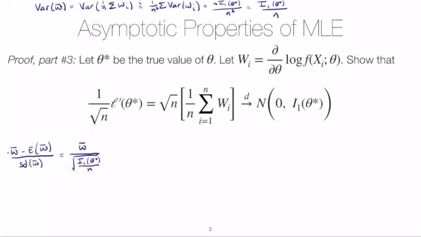And now the next step will be to multiply by the square root of n in the numerator and in the denominator. That won't change anything, obviously. It's multiplying by 1. But it will allow us to see the convergence in distribution of this quantity up here.